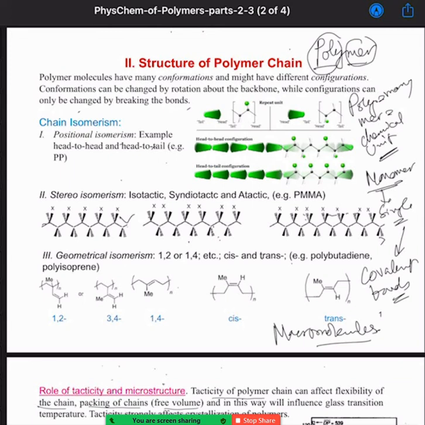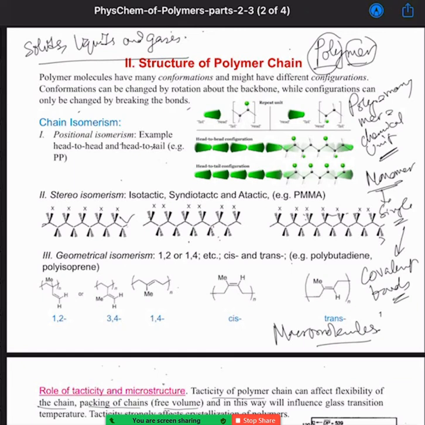Now, such macromolecules are very dissimilar in nature from other earthly materials like our conventional solids, liquids, and gases, because neither of these are macromolecules.